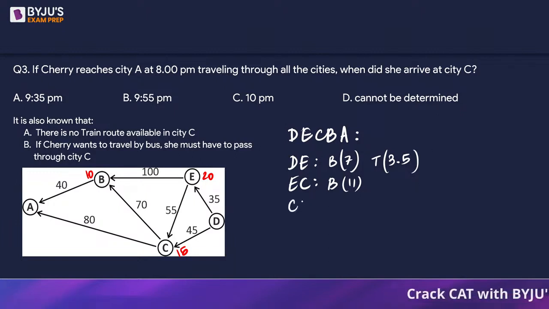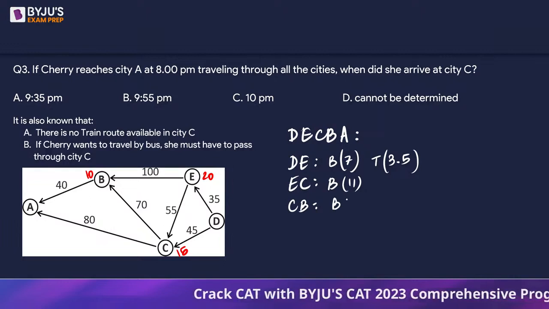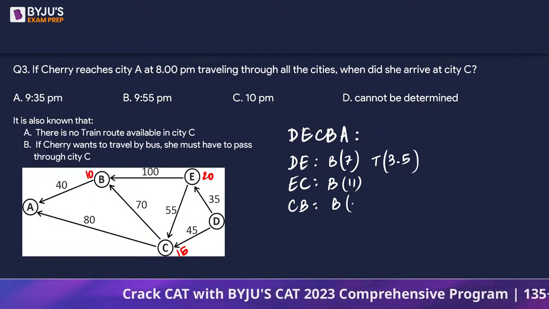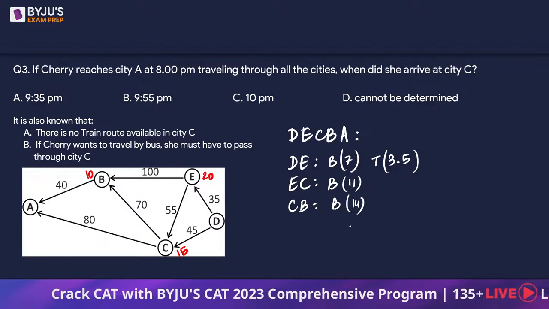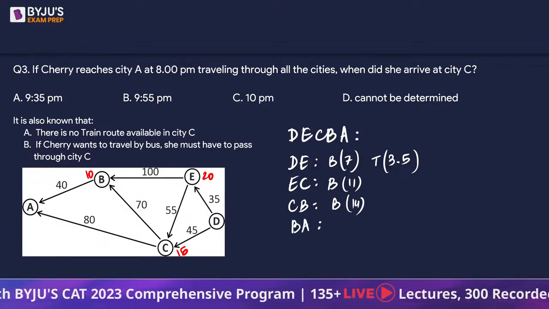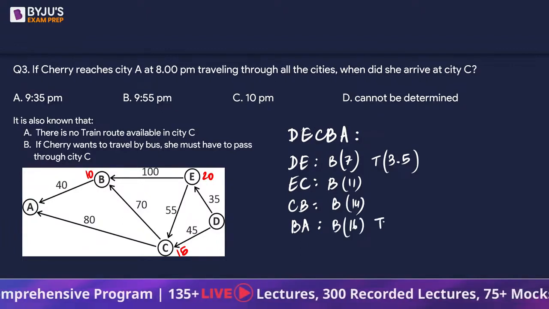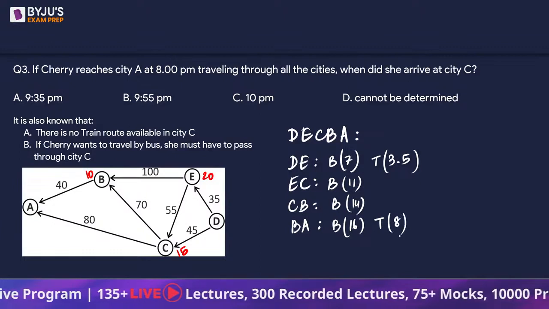Then CB is going to take by a bus, it's going to take what? 14 hours? And then BA is going to take via bus 16 hours or maybe by train 8 hours.